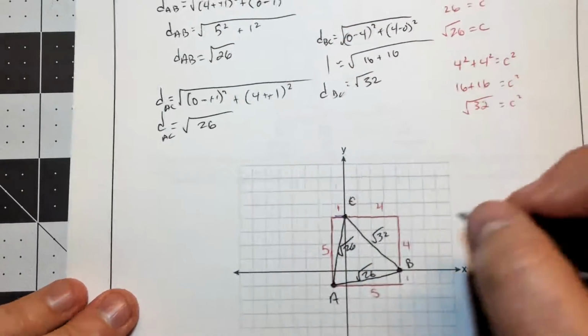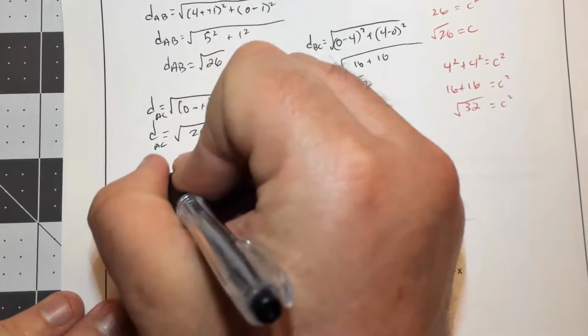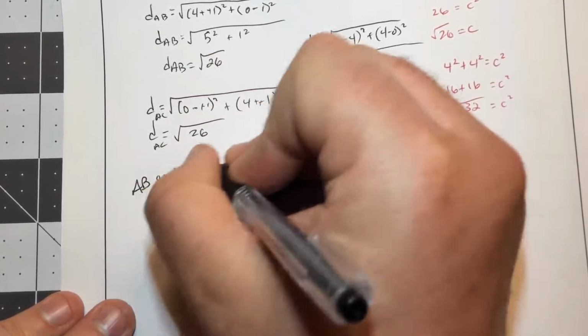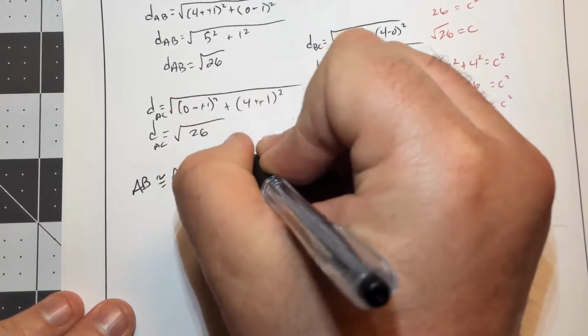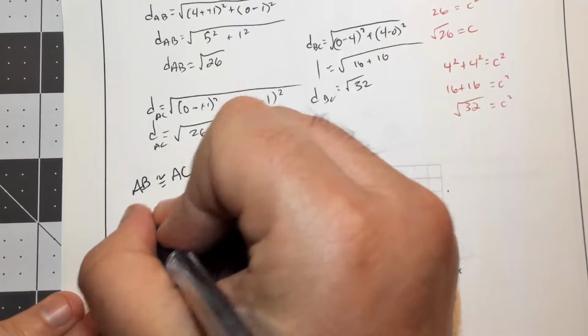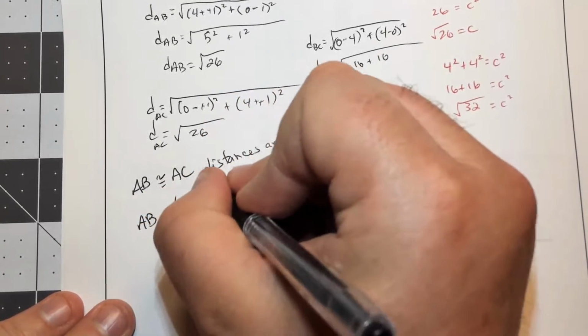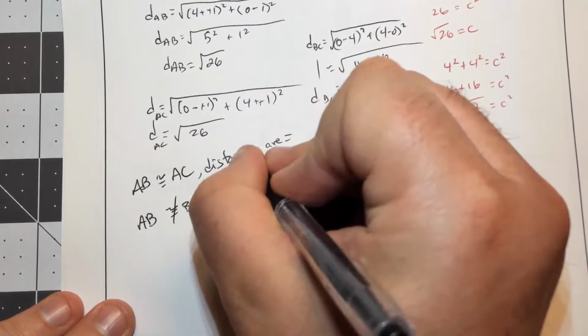So we would want to say something about AB is congruent to AC because the distances are equal. And we can say AB is not congruent to BC. The distances are not equal.